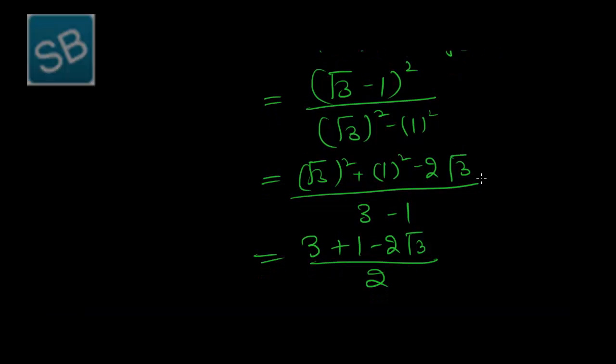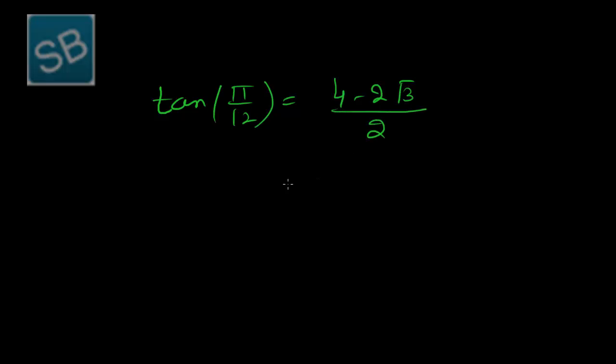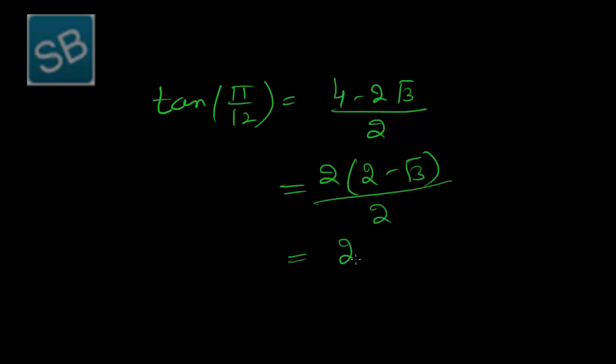So tan pi by 12 is equal to 4 minus 2 under root 3 over 2. Taking 2 common, we get 2 minus under root 3 over 2, that is 2 minus under root 3. So this is the value of tan pi by 12.